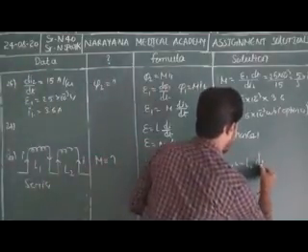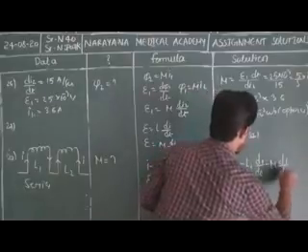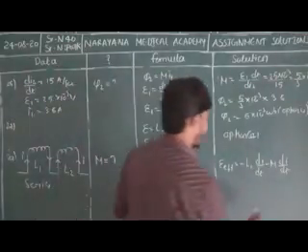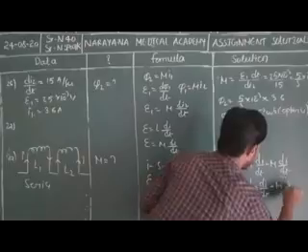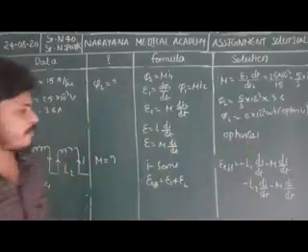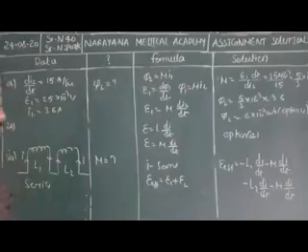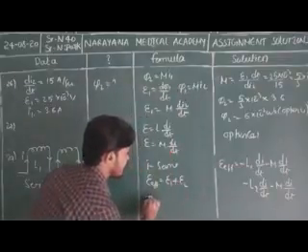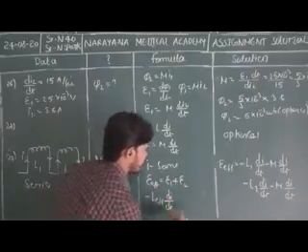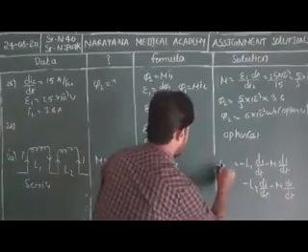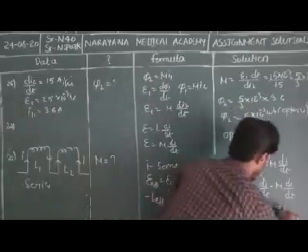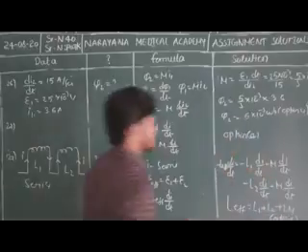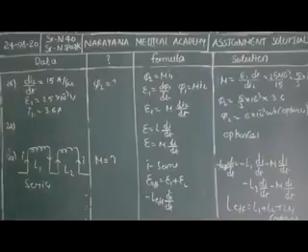Epsilon effective is equal to epsilon 1 plus epsilon 2. Epsilon 1 is nothing but minus L1 di by dt minus M di by dt, because self inductance is L1 and the current is the same. Similarly, epsilon 2 is minus L2 di by dt minus M di by dt, where M is the mutual inductance of the coils. On solving, we can write epsilon effective is equal to minus L effective di by dt.